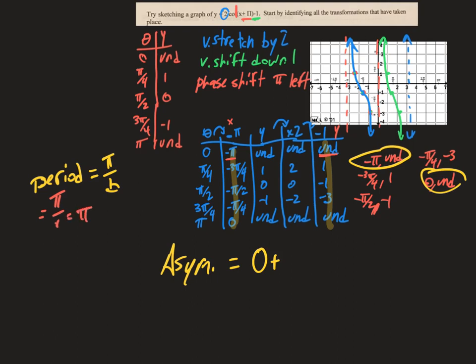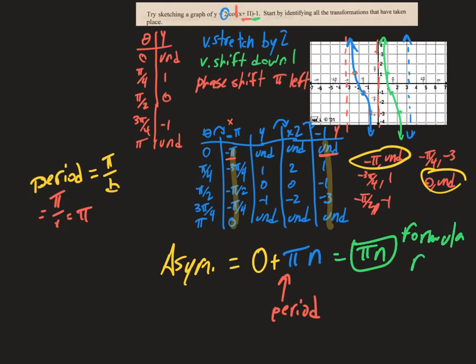So I'm going to say, hey, in my formula right here, we put plus pi times n. And again, that's just the period times n. Okay? And again, the 0 part is kind of irrelevant to us. So the formula for our asymptotes just ends up being pi n in this case. Okay? So that is the formula for my asymptotes.